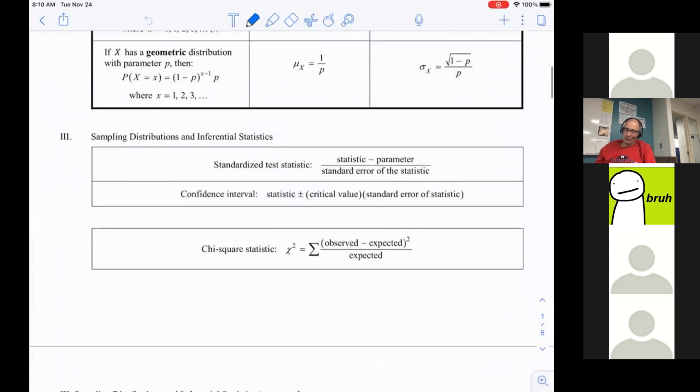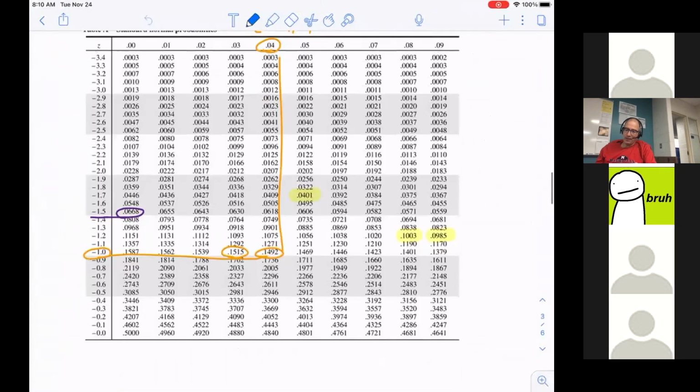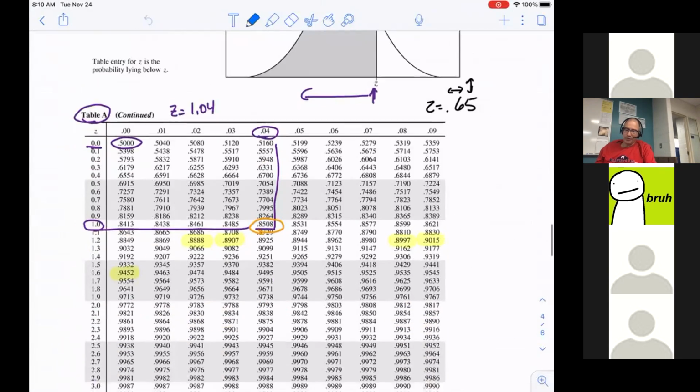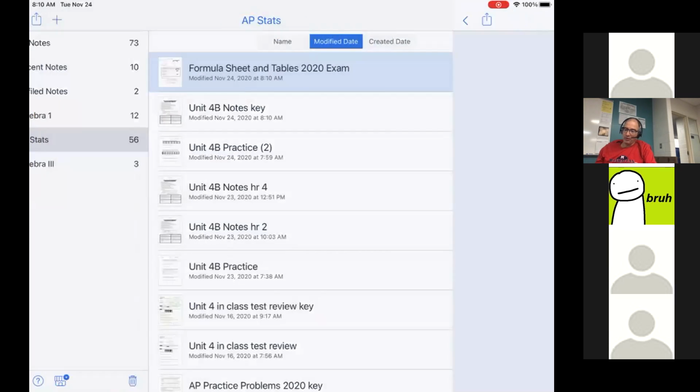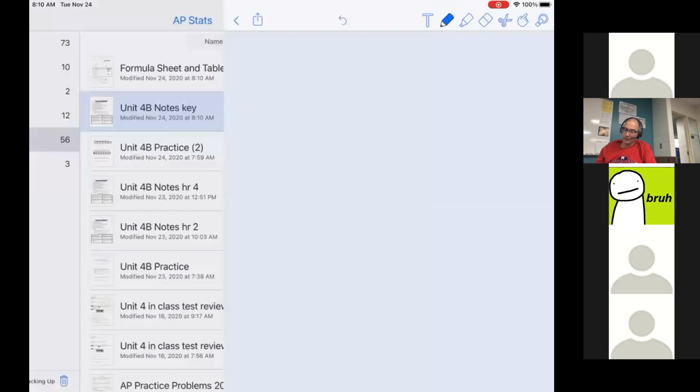So we're going to go out to our formula sheet. It's been a while since we've been through this one, but at 1.48, here is the 1.4, and now we go over to the 8 column, and that gives me a 0.9306. I can't remember all those numbers in my head, so I have to go back to it.